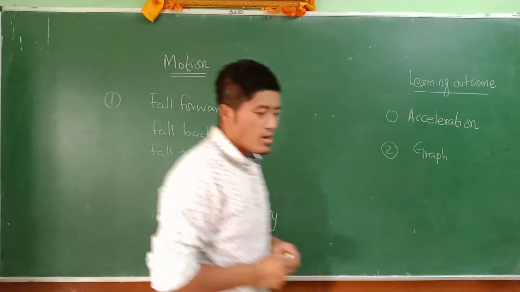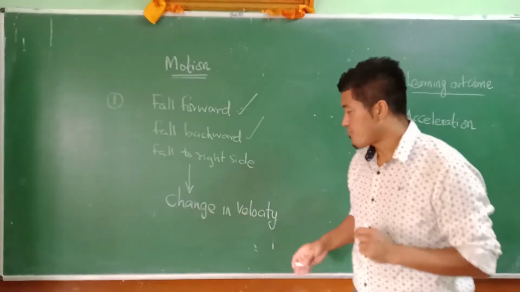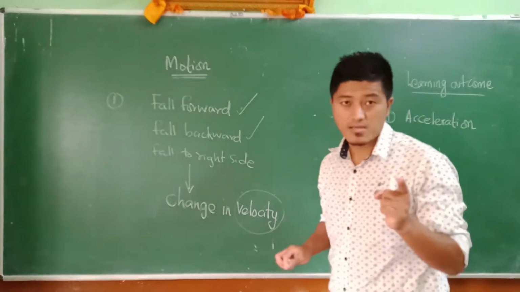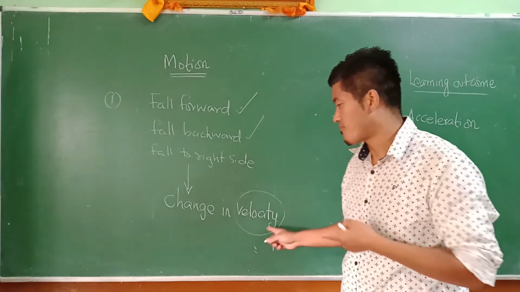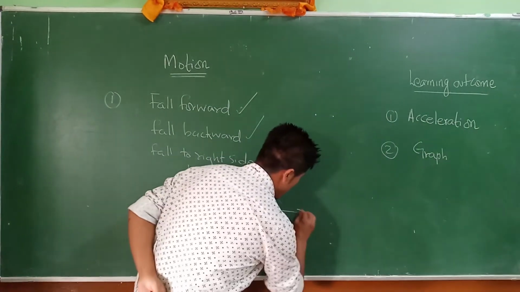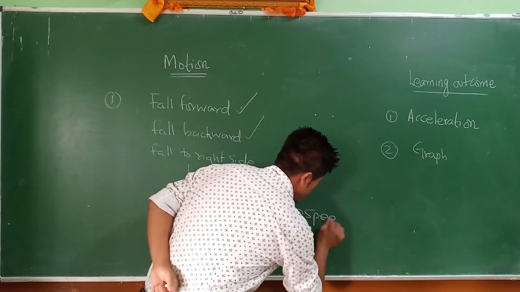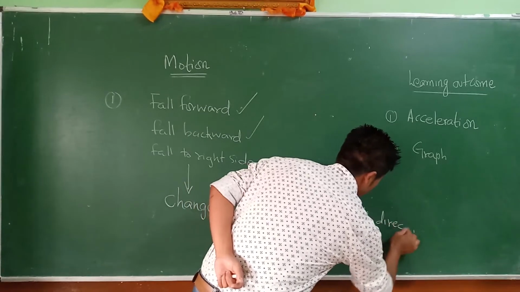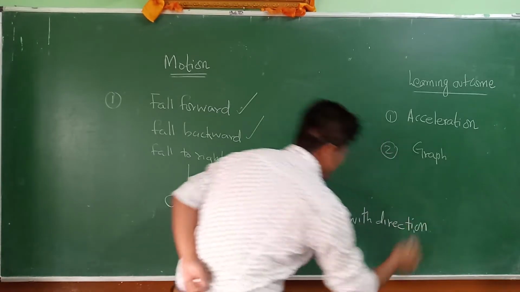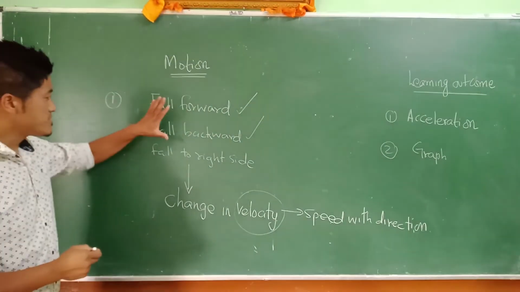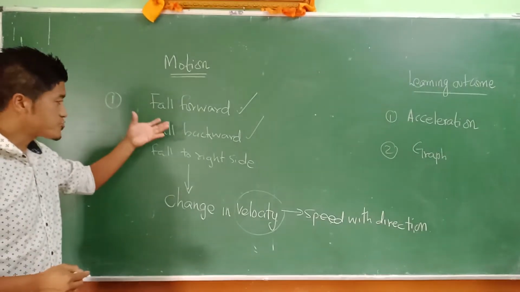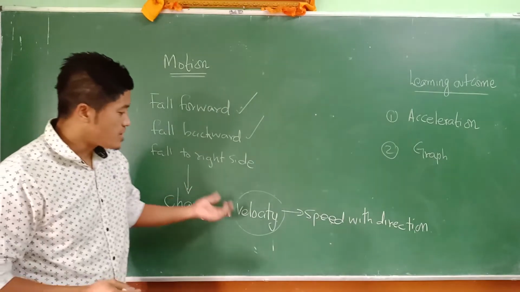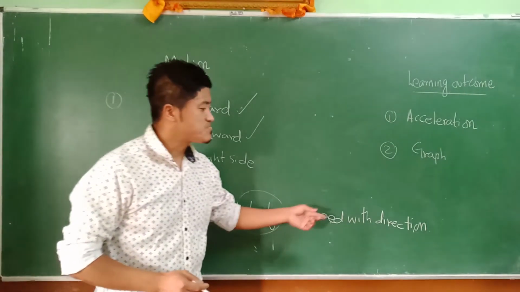So now, I guess every one of you is quite familiar with velocity. What is velocity? Yesterday, or the day before yesterday, we talked about velocity. Velocity is nothing but speed with direction. So in this kind of situation, this happens because there is a change in velocity, and this velocity is speed with direction.